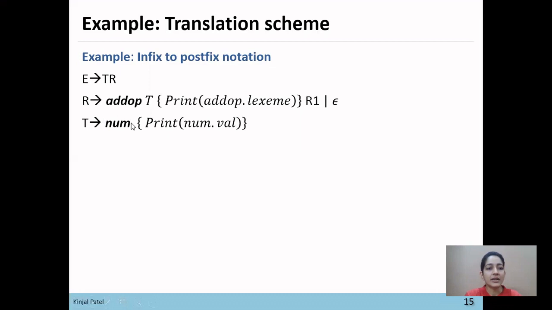So here number represents the reference of the digit, and in curly braces the translation scheme has been placed, means print number.value. So in these curly braces, the semantic rule will get executed, and the digit will get printed. So this is the translation scheme for the conversion of infix into postfix notation.